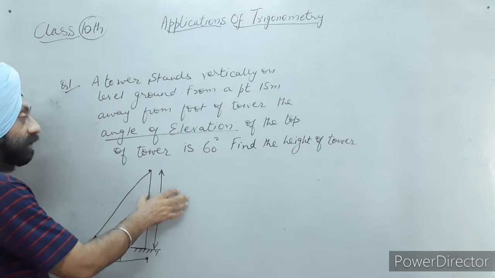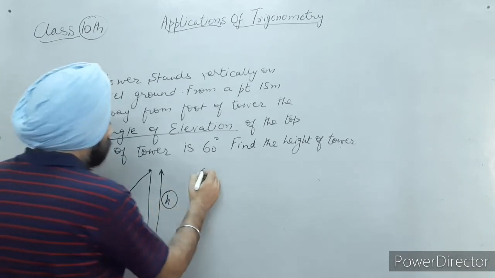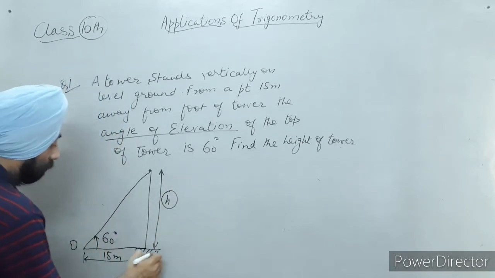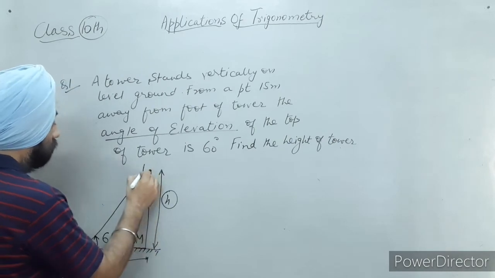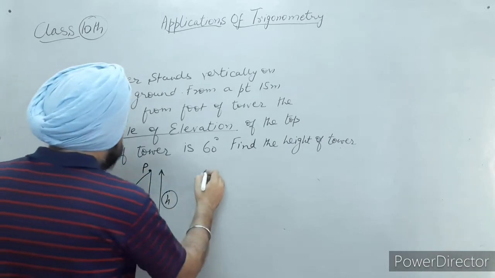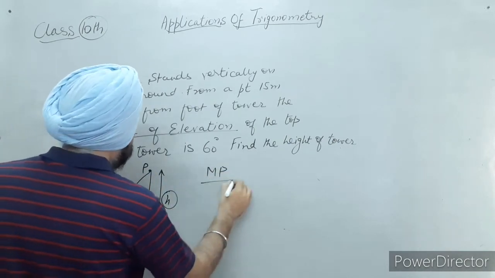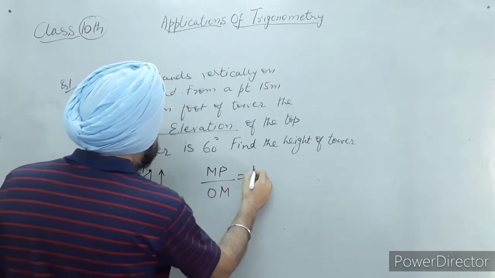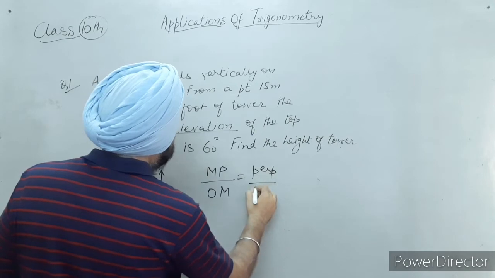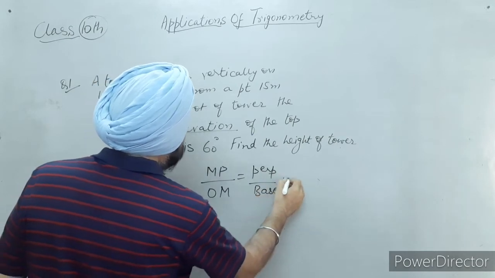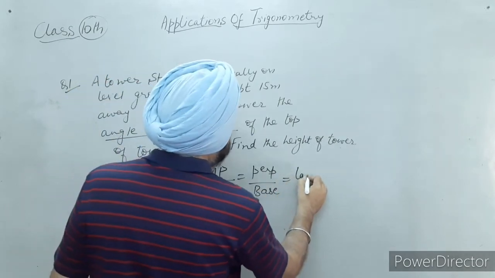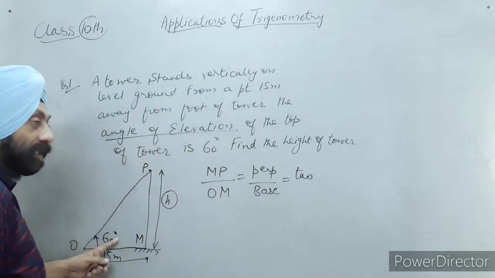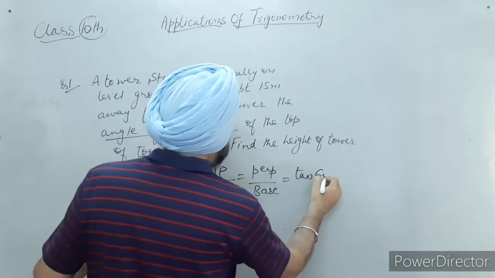I have to find the height, so let me name it O M P. I have MP upon OM, that is perpendicular upon base, equal to tan theta. Theta is given to you as 60 degrees.